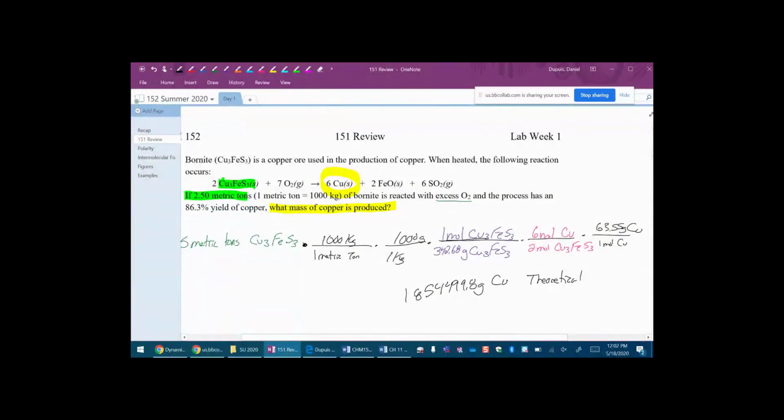I know that my percent yield is 86.3, so I times this number by 0.863. I get 1600433.3489.